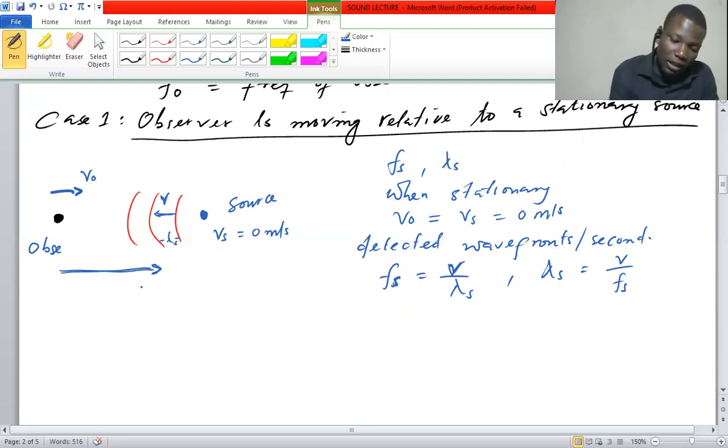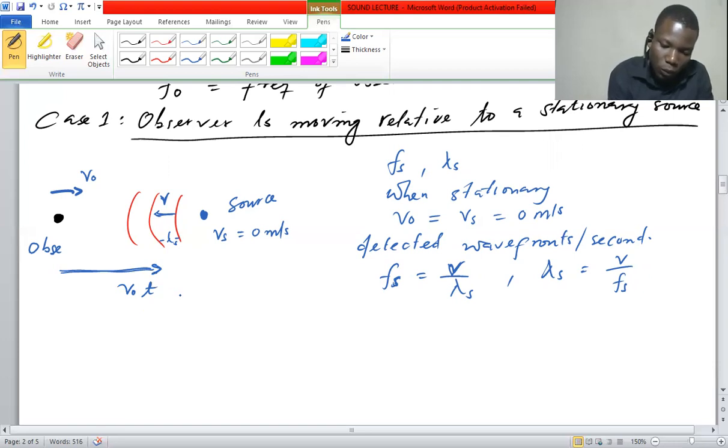Okay, since he's moving at a speed v naught, the distance which is going to be covered in time t seconds is v naught times t.